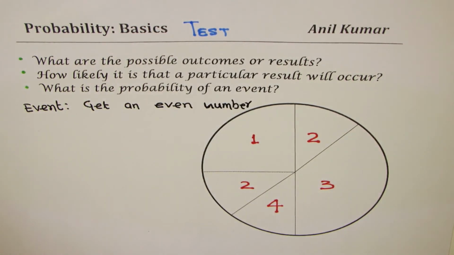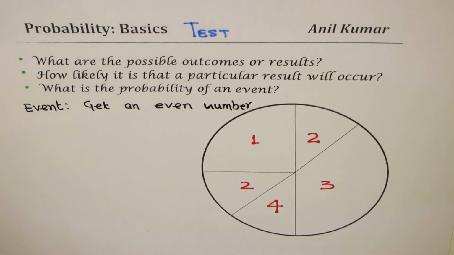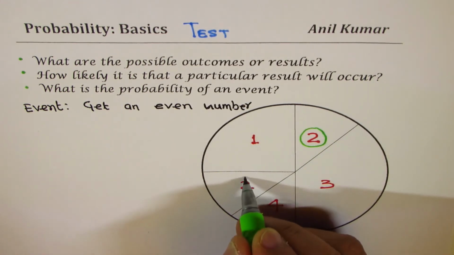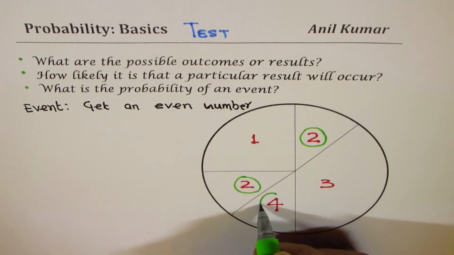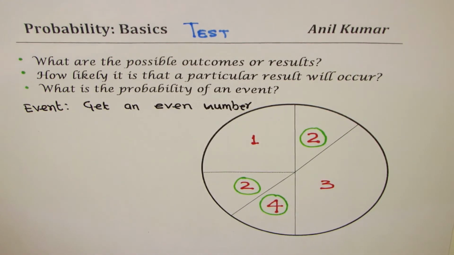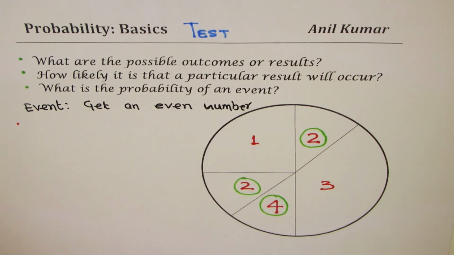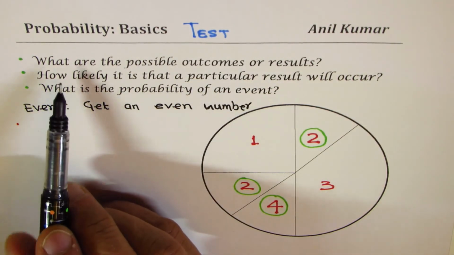That is the event for you. Now, even numbers are which ones? You know them. They are 2 and 4 in this particular spinner. Perfect.